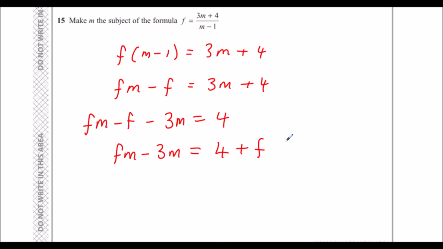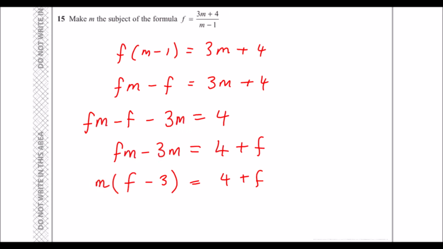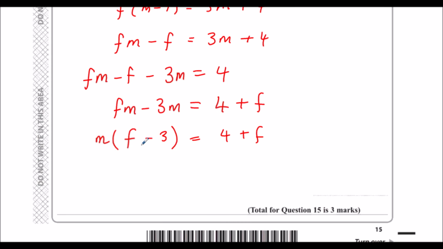Now I've got my m's on the same side. To get m by itself, I need to factorize m. So factorize m out of the left side. So m's outside the bracket. M times f makes fm. It's a negative. M times 3 makes 3m. So at the moment I've got m multiplied by f minus 3.